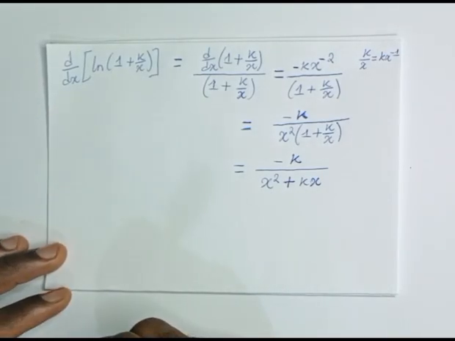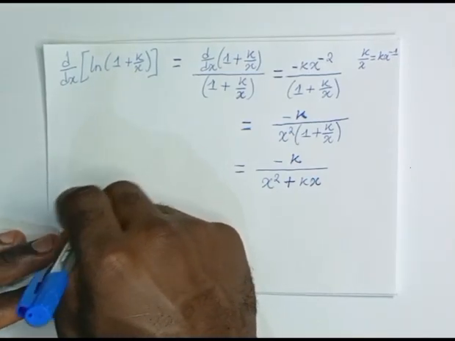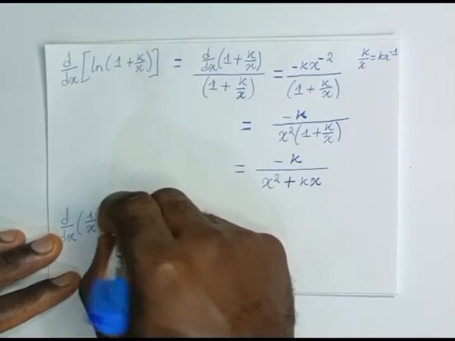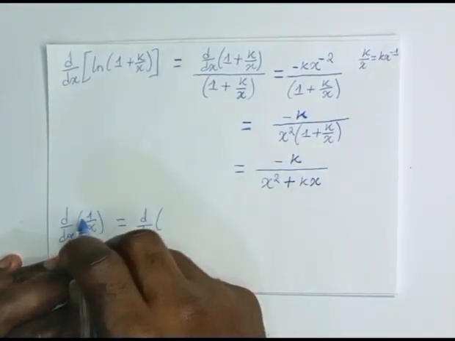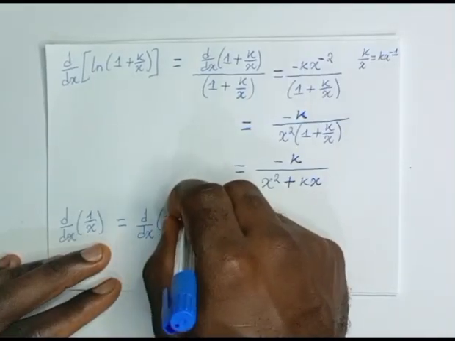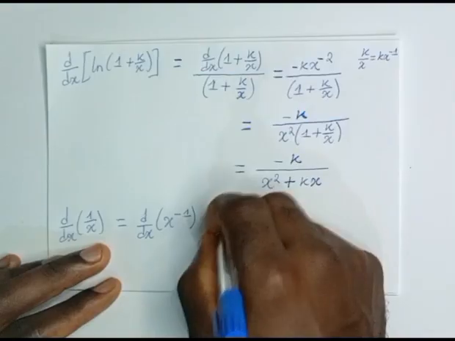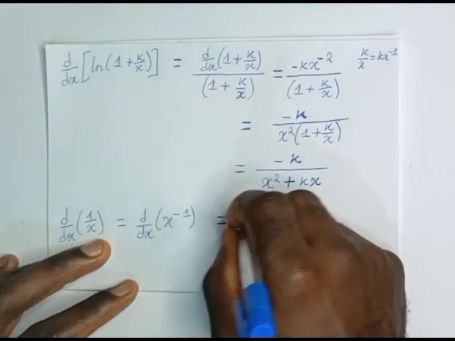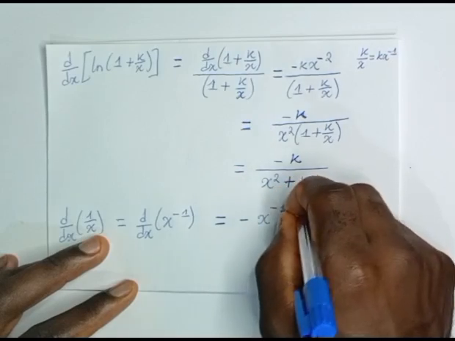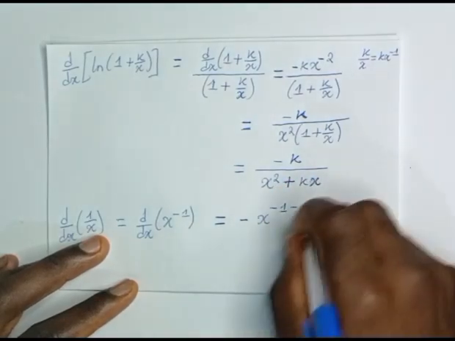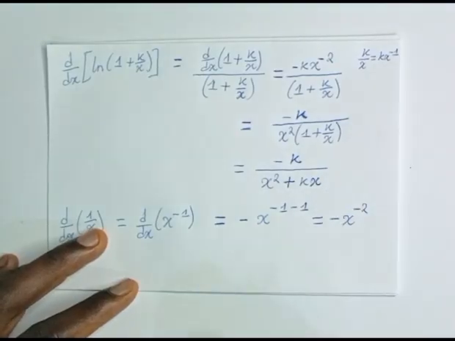Now let's differentiate the function we have at the denominator. d over dx of 1 over x can be expressed as x raised to the power negative 1. And the derivative of x raised to the power negative 1 is simply equal to negative x raised to the power negative 1 minus 1, which is simply equal to negative x raised to the power negative 2.